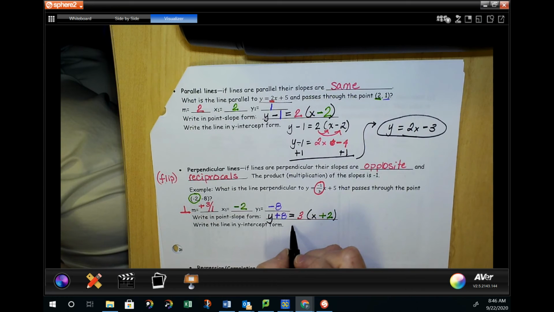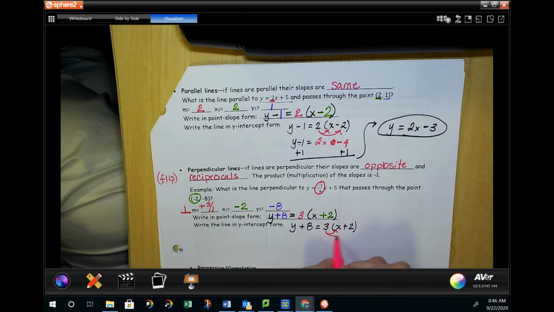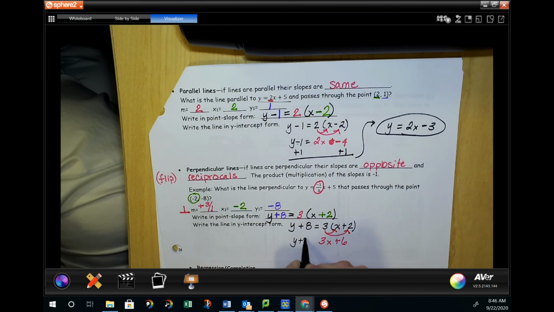Now I have to write this into y-intercept. So I'm just going to recopy my point slope form, and then write in y-intercept. I have to distribute my slope. So 3 times x is 3x. 3 times 2 is 6. So you're going to distribute that slope, and then you still have y plus 8.